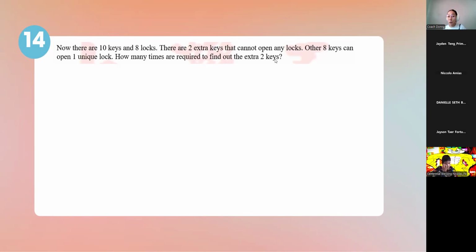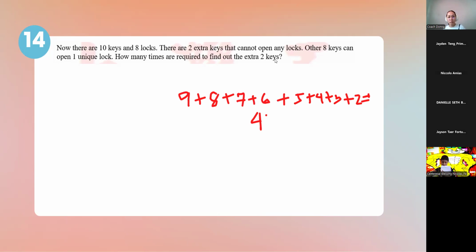To find out the 2 extra keys, we're gonna start at 9 plus 8, decrease it down, right? Plus 7, plus 6, plus 5, plus 4, plus 3, plus 2, until 2 only. And that's equal to 44. And that is how we get our answer.